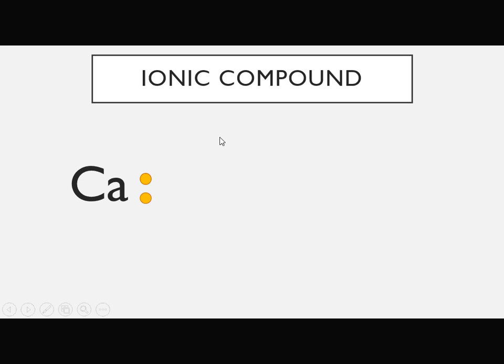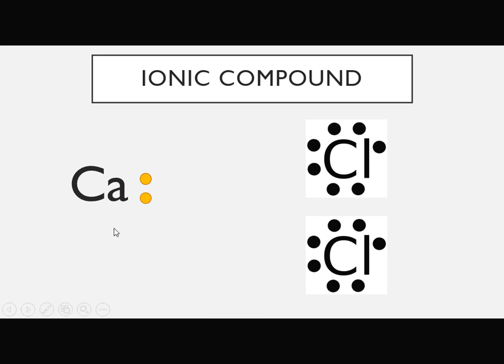Now let's look at calcium. Calcium is an alkaline earth metal. Calcium is in group 2. Calcium would have an electron dot notation right here of 2 dots. Now, if calcium were to pair up with chlorine, I would need to have one chlorine, and I would need to have another chlorine.